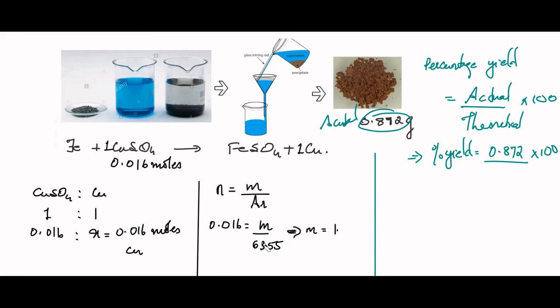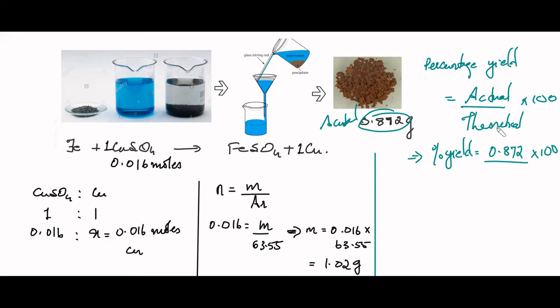When I'm cross multiplying, m is equal to 0.016 times 63.55. I'll be getting the mass equal to 1.02 grams. So now my theoretical yield is ready.